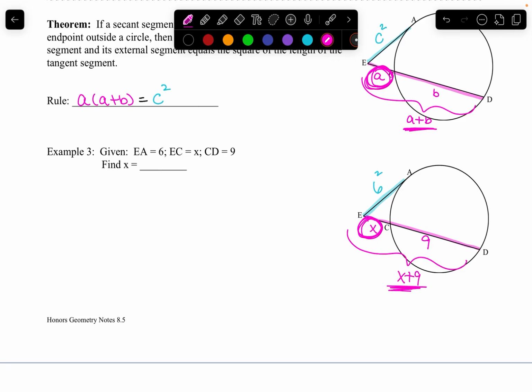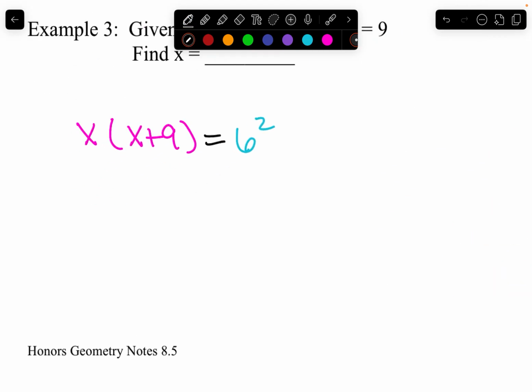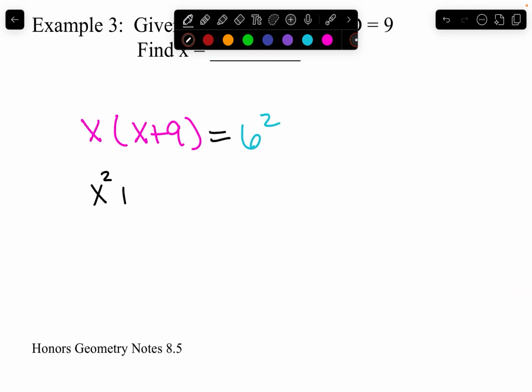I need this. And we do X times X plus 9. That is going to equal 6 squared. Not bad. X squared plus 9x equals 36. We're going to move that over. X squared plus 9x minus 36 equals 0.